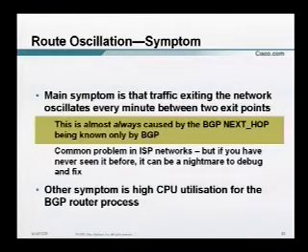I mean, when this first hit me about, I think it was 7 years ago, I first came across this one. I mean, it took me about 2 days to figure out what was actually going on. And I wasn't actually aware that was what it was. It was just a bizarre problem of traffic oscillating between our two exit points in London.